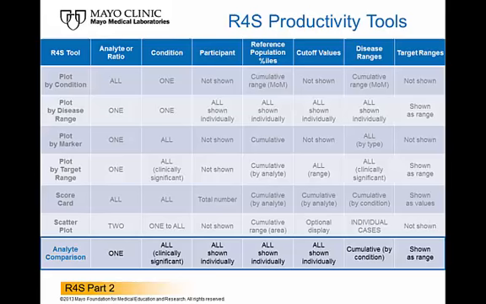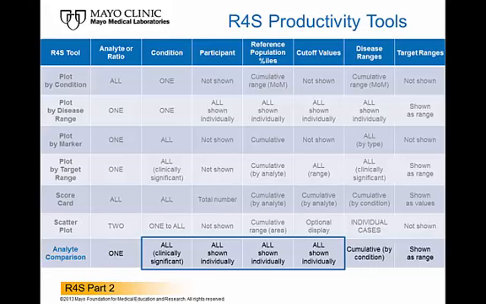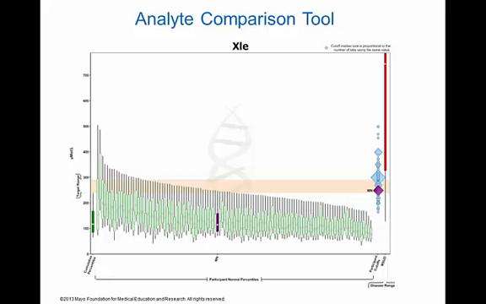The final plot of this presentation is the Analyte comparison tool. It allows the simultaneous evaluation of the basic elements of any analyte in comparison to the collective experience of all other laboratories. Once again, the model analyte is isoleucine-leucine.